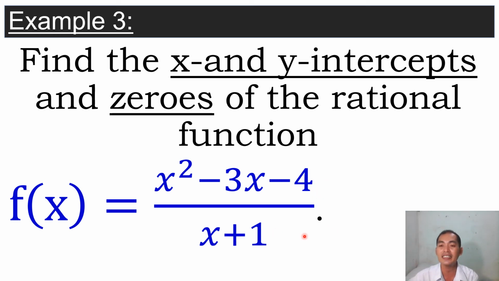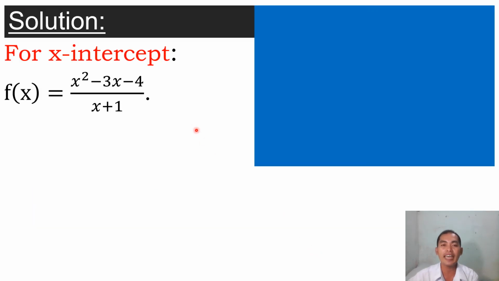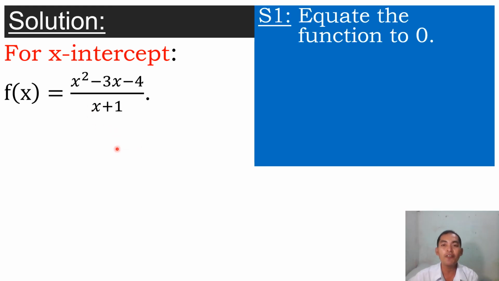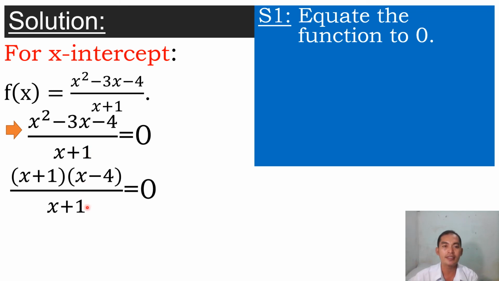Okay. Let's look at the long method, step by step. To solve for the x-intercept, we have the given. Then, you factor first the numerator, in case there is a common factor. So, in this case, it is factorable by quadratic trinomial where a is equal to 1.